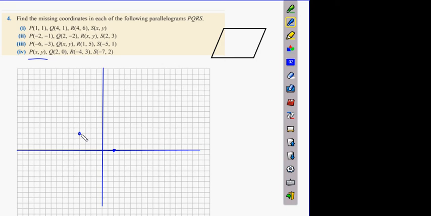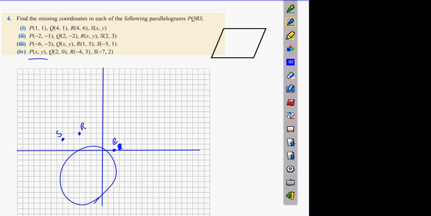Minus 7, 1, 2, 3, 4, 5, 6. Minus 7, 2 up. Now, that's R. Oh wait, that's Q. That's R. That's S. Where do you think P should be? Somewhere below, yeah. S has to link to P and P has to link to Q. So it's in this region somewhere, but we don't know where.